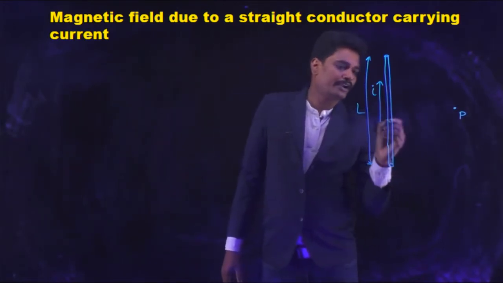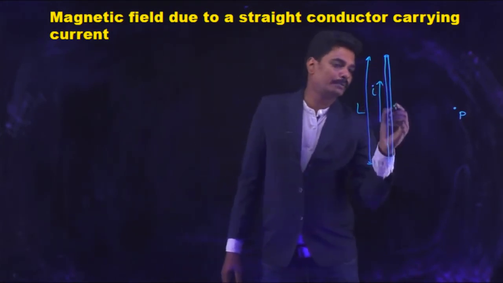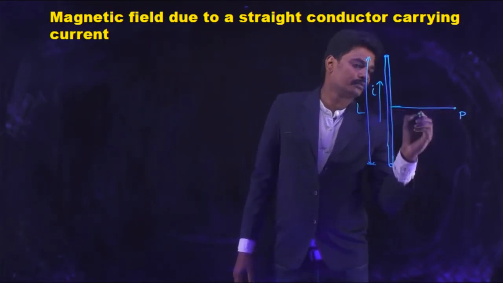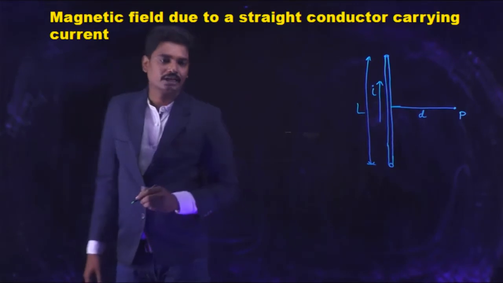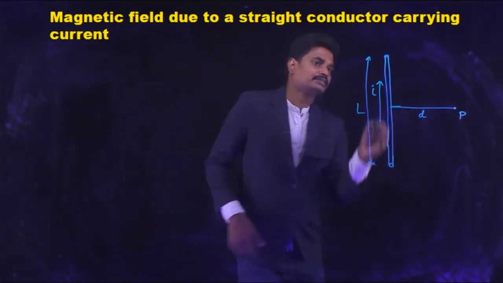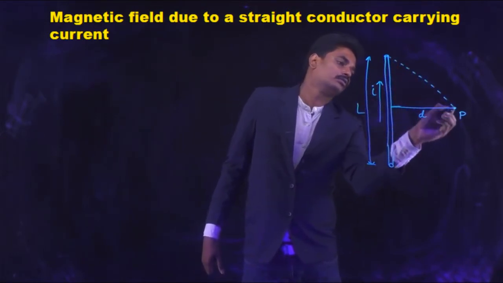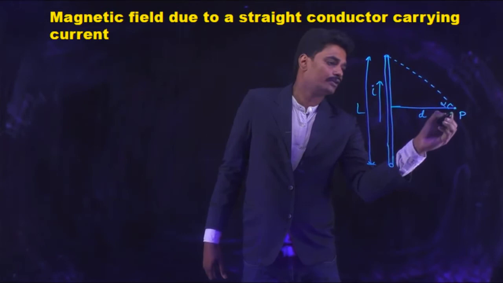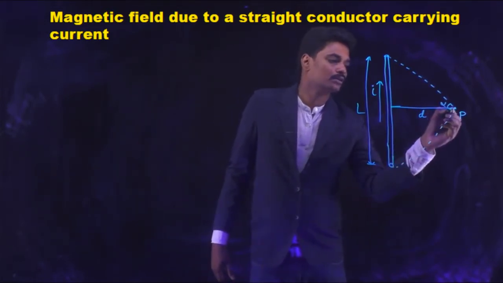Let the perpendicular distance from the conductor to the point P be D. The point P makes an angle alpha, and it makes an angle beta downwards also.